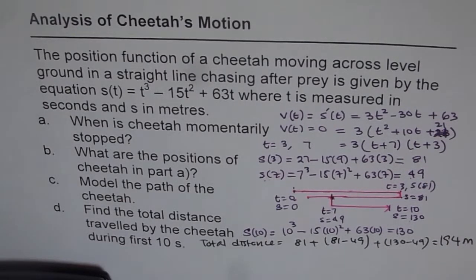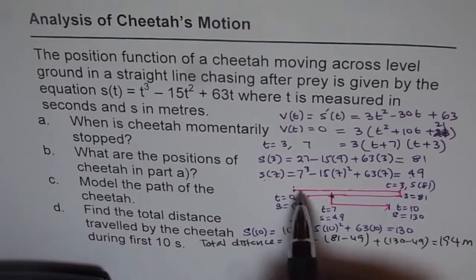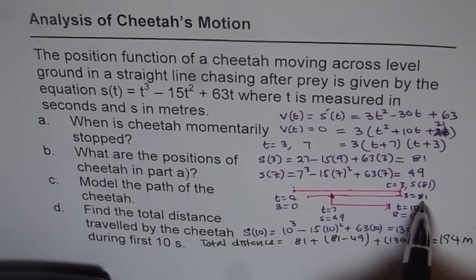So what you realize here is that total distance covered and displacement are two different things. They are not the same. Basically, in the first 3 seconds, it covers a distance of 81.